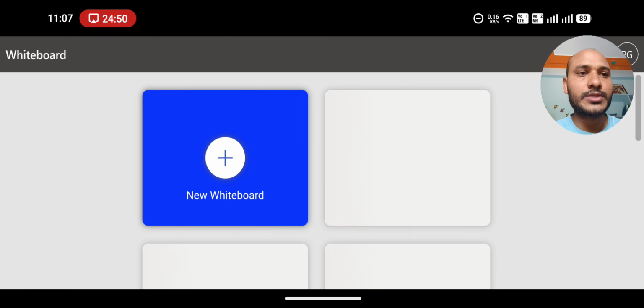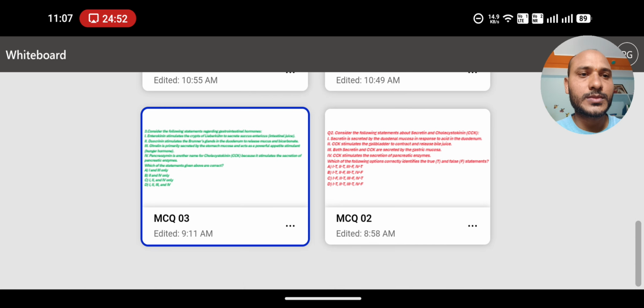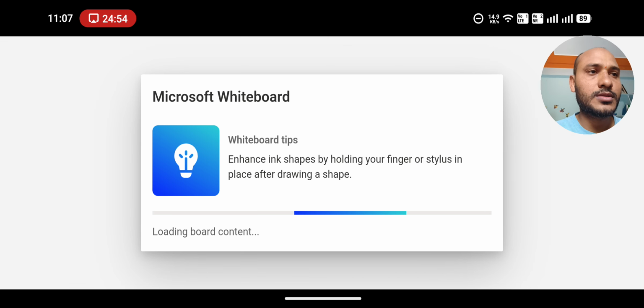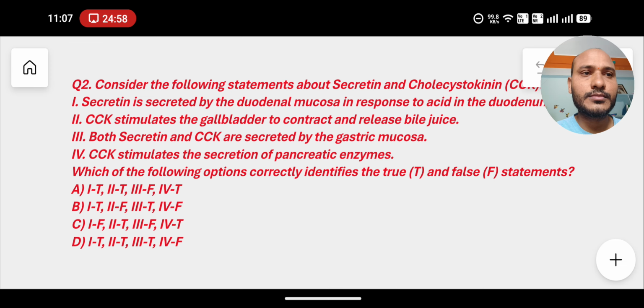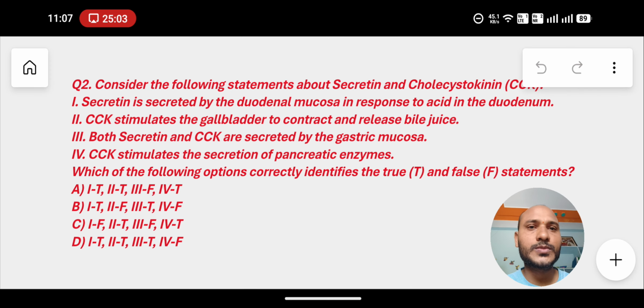Now coming to the second MCQ. Consider the following statements about secretin and cholecystokinin. Four options. Which of the options correctly identifies the true or false statements?